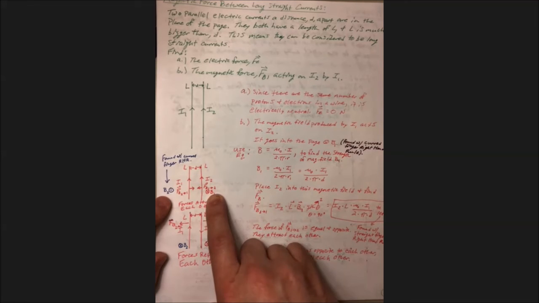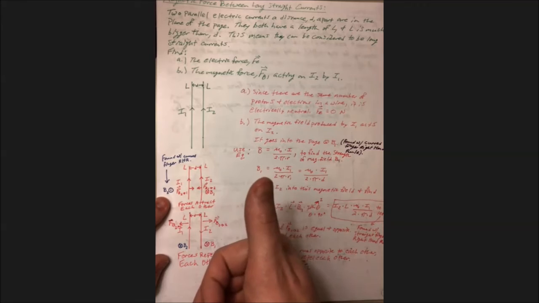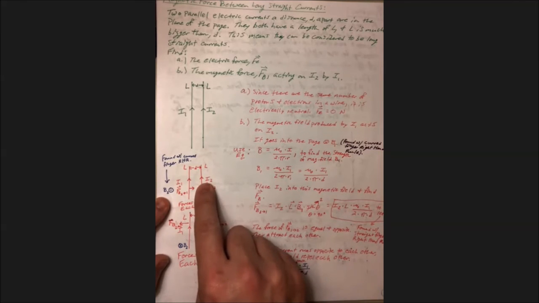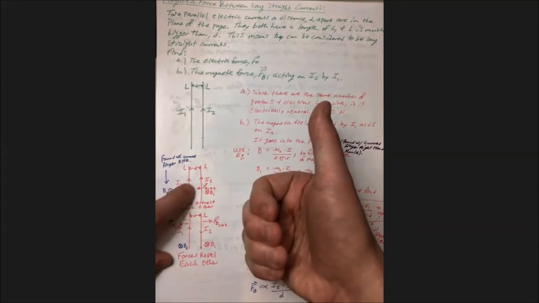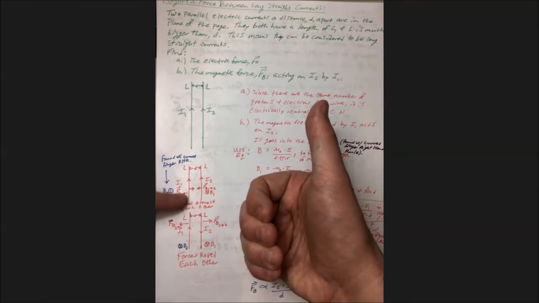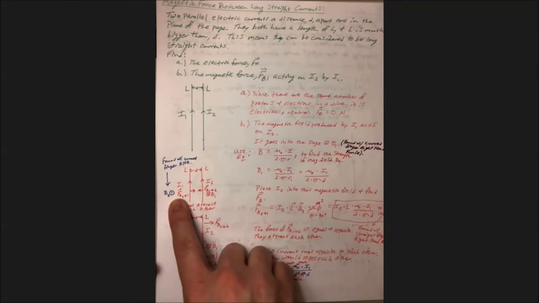And now if I point my thumb on my right hand in the direction of the I2 vector, then on this side of I2 over here, my field lines are going to be pointing out of the page. So B2 would be pointing out of the page.